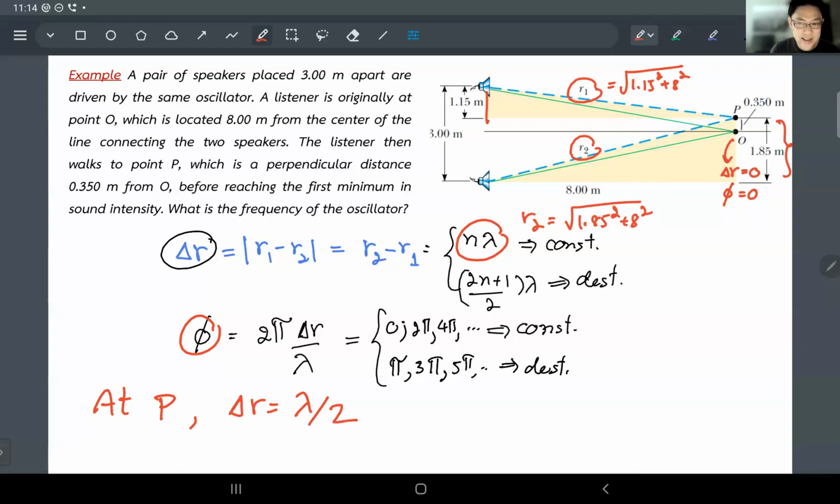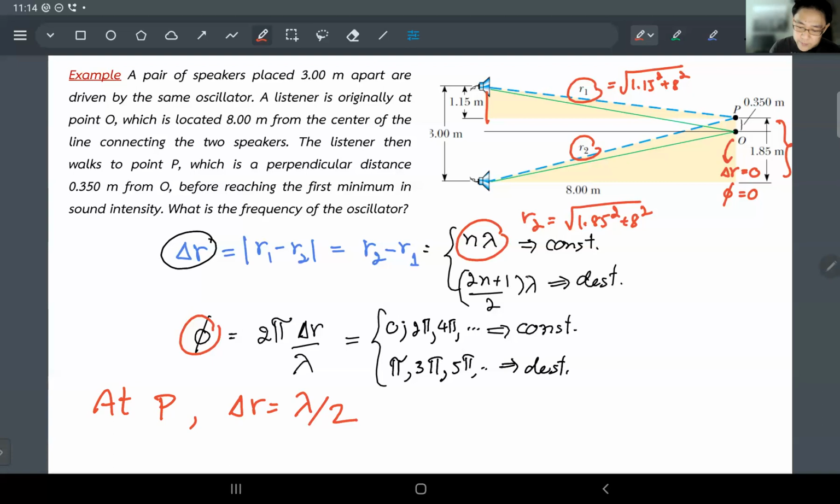Okay. With me? All right, because now at point O, everything is pretty much exactly the same, so the path difference is 0. But now when you walk up, the path difference will start to diverge from 0. It's not going to be 0 anymore, until you reach the first minimum. That is the signature saying that now your path difference is hitting the first possible destructive interference.